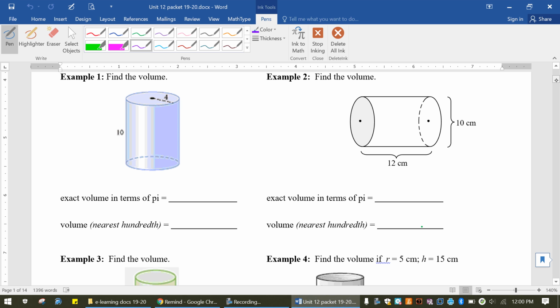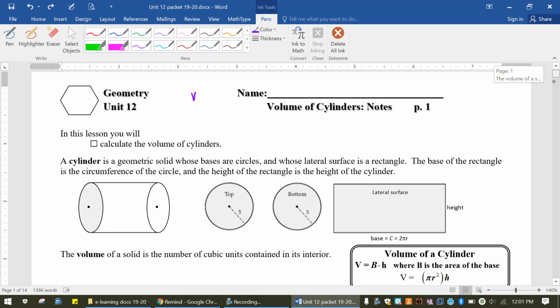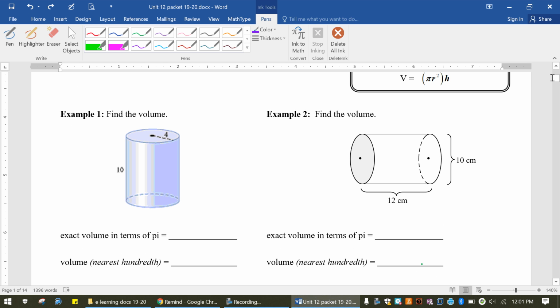The volume formula is pi r squared, so that's the area of that base, and then multiplied by the height.